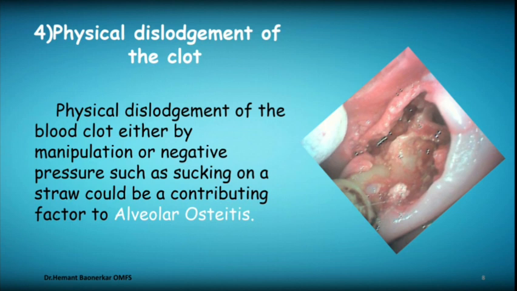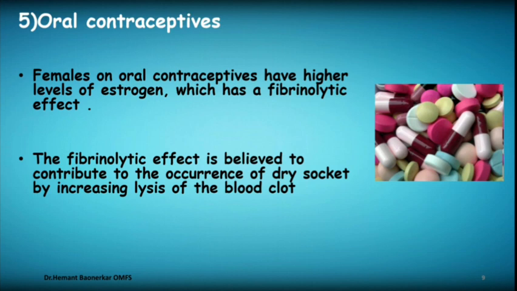So because of these physical factors and negligence from the patient in not following our instructions, the blood clot is spit out or sucked inside, and these are also contributing factors in the initiation of alveolar osteitis.